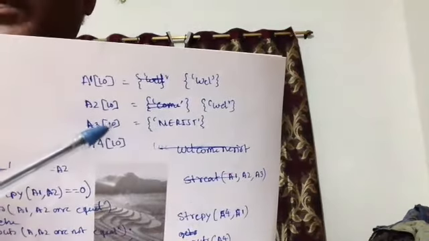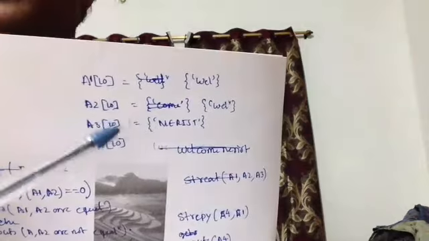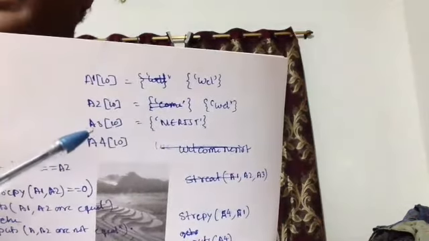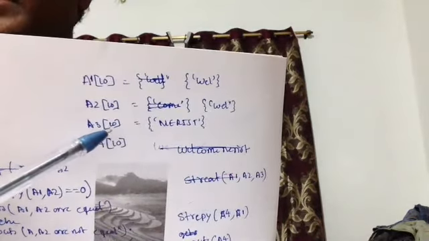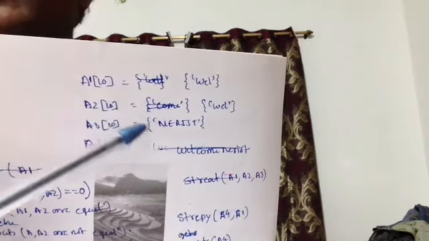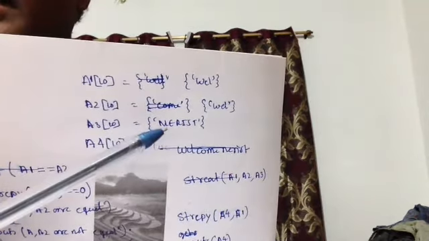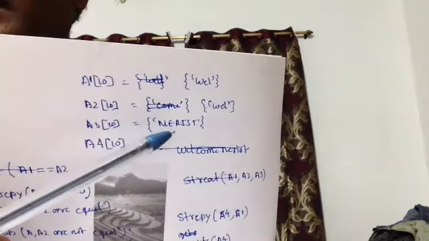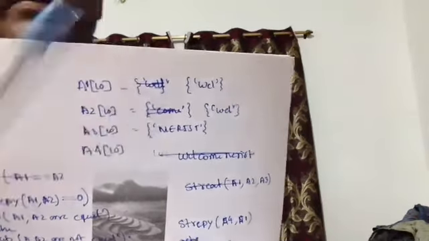But sizeof means it returns the total number of space you have already occupied. So how much space did I occupy? 10. So sizeof returns 10 and strlen returns 6. That is the difference. Sometimes they may ask, what is the difference between strlen and sizeof? Then you have to go for this.